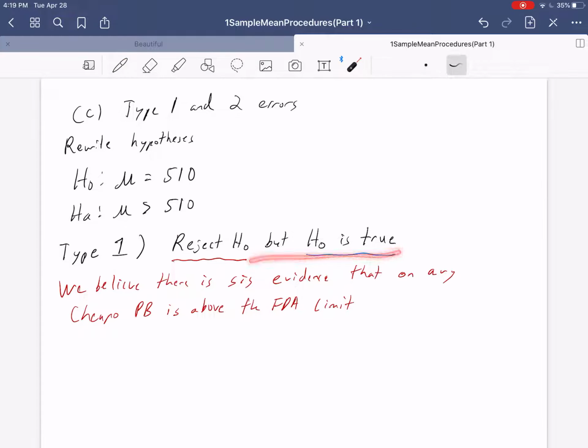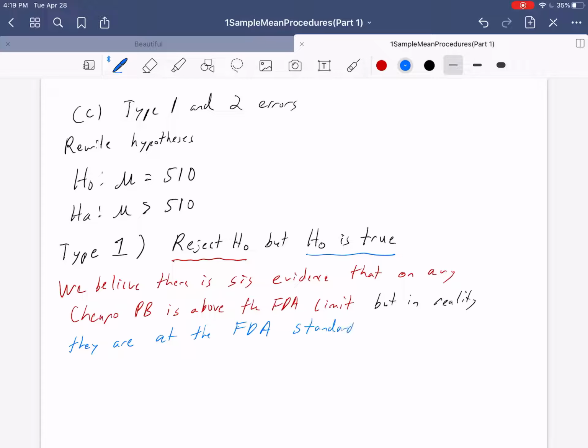Now we need to talk about this part. But in reality, H0 is true, meaning they're actually right at that FDA limit. But in reality, they are at the FDA standard. Okay, that's a very formal way of describing what the type 1 error is.